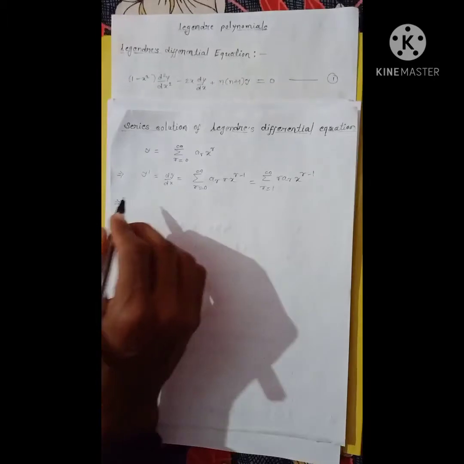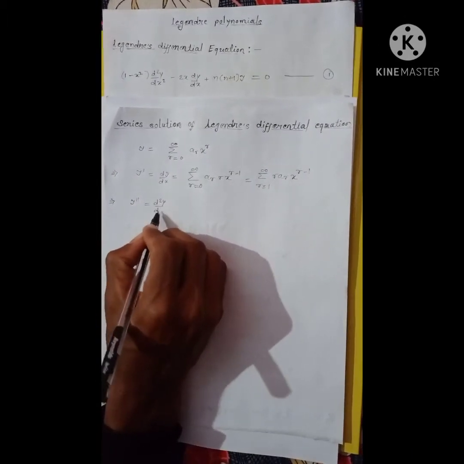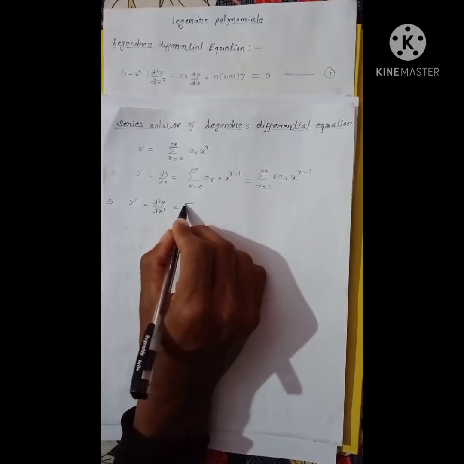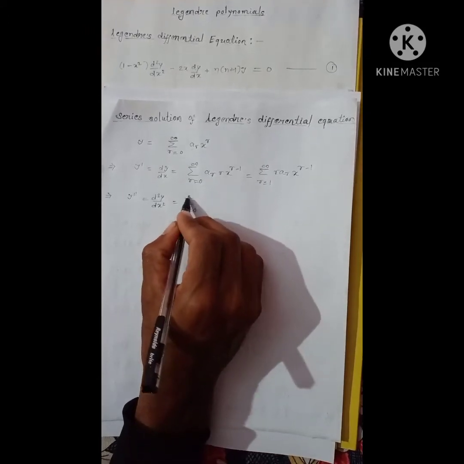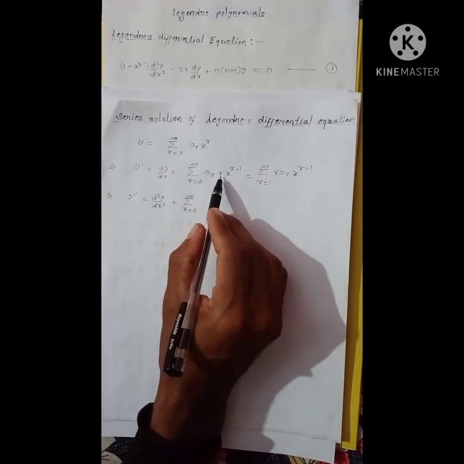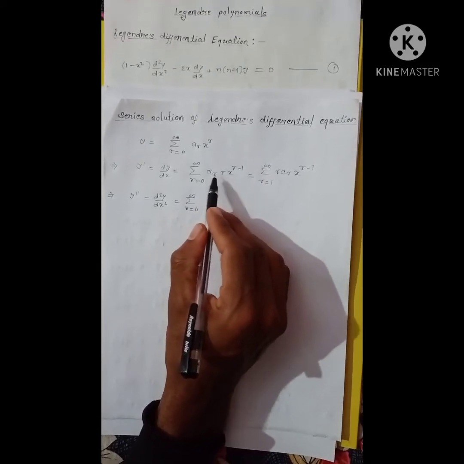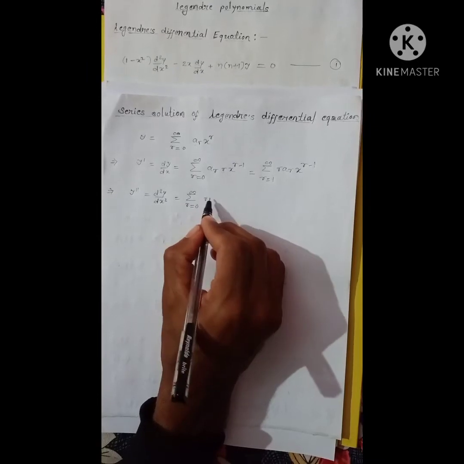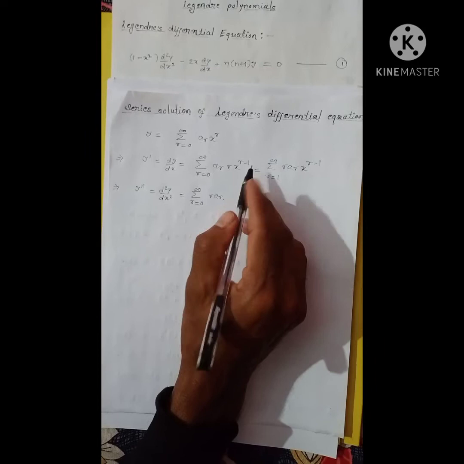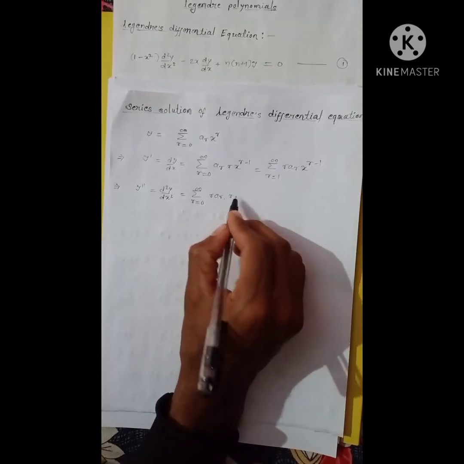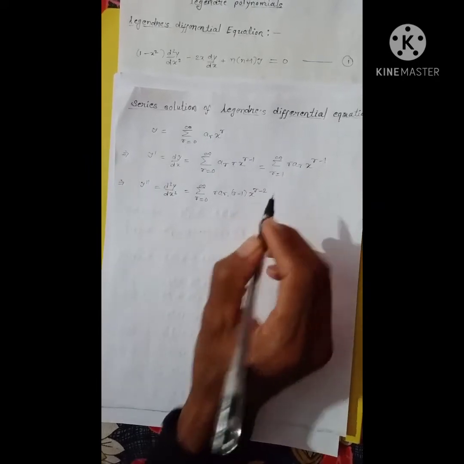And now y double dash is equal to d square y by dx square is equal to summation r equal to 0 to infinity. This a r and r are constants, so a r stays, and the differentiation of x to the power r minus 1 will become r minus 1 into x to the power r minus 2.